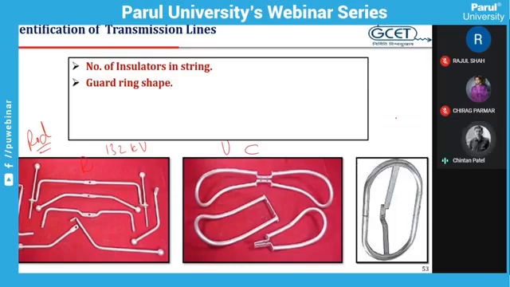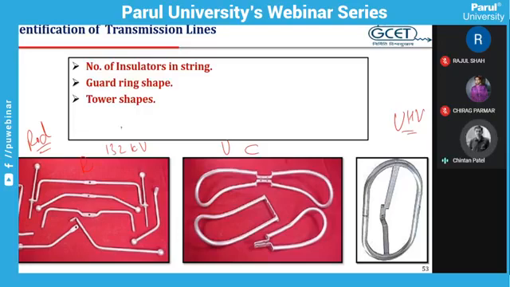And in UHV transmission lines, that means 400 kV and 765 kV transmission lines, the ring type corona ring or guard ring is used. So observing the guard ring shape, you can identify the voltage level. The next is tower shape. By observing the tower shape and the number of earth wires, you can identify the voltage level.